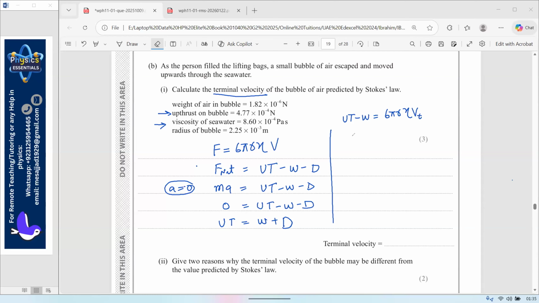So just putting in the values. Upthrust given here as 4.77 times 10 raised to the power minus 4.